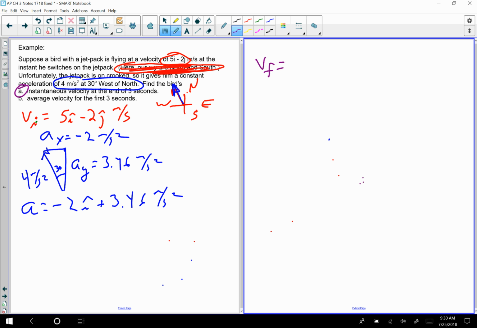So our Vi is 5i minus 2j plus our acceleration, negative 2i plus 3.46j, and then times 3.